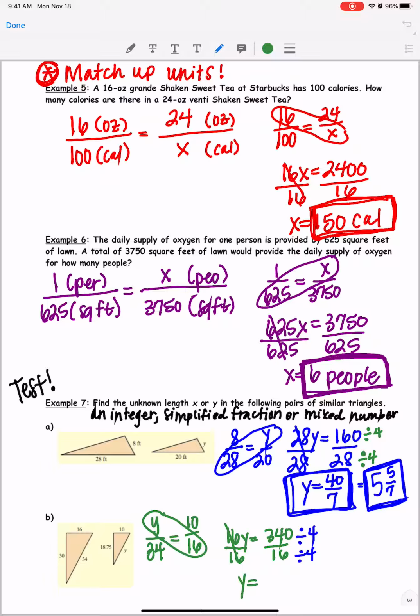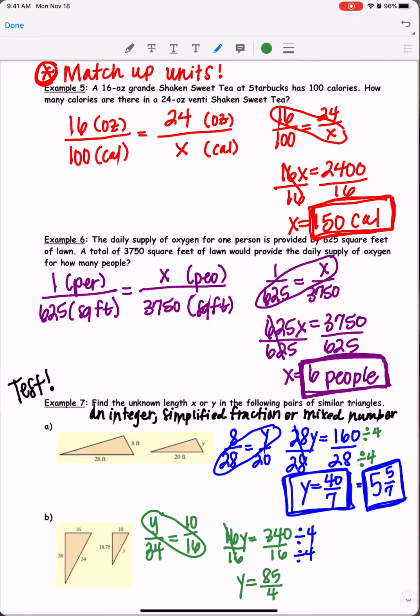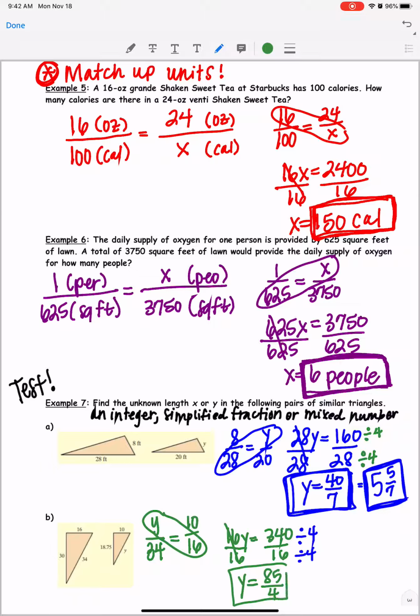So 340 divided by 4 is 85. 16 divided by 4 is 4. So that is my simplified fraction. Or you can write this as a whole number. Okay, that's or as a mixed number.